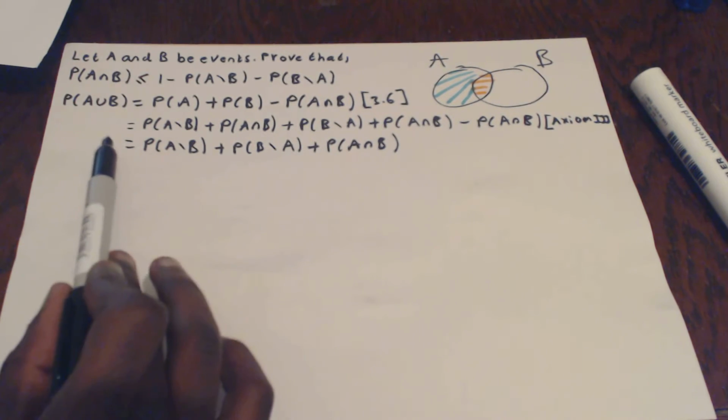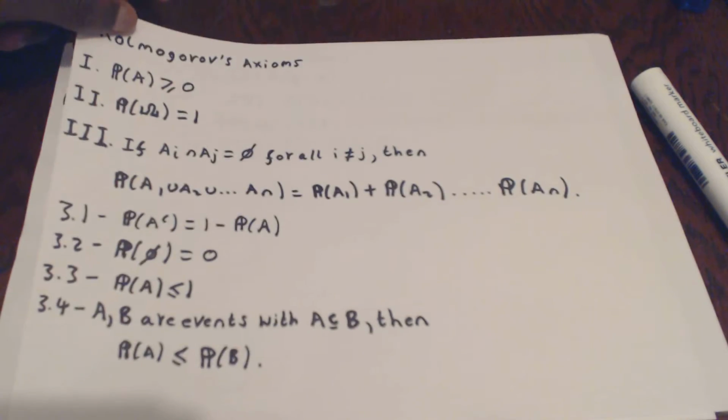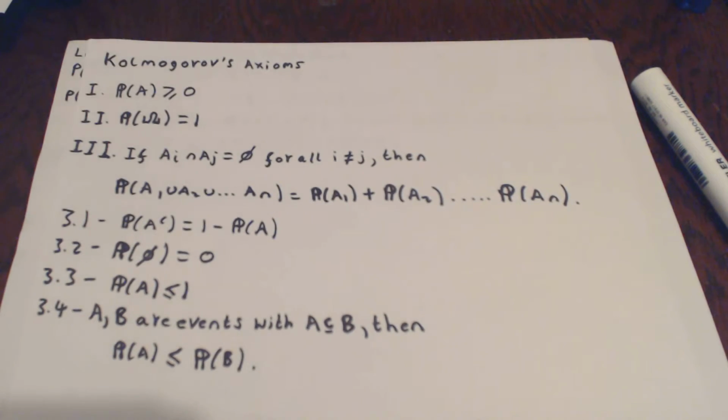If I look at one of my corollaries, we note by 3.3 that the probability of A is always less than or equal to 1, for any event A.